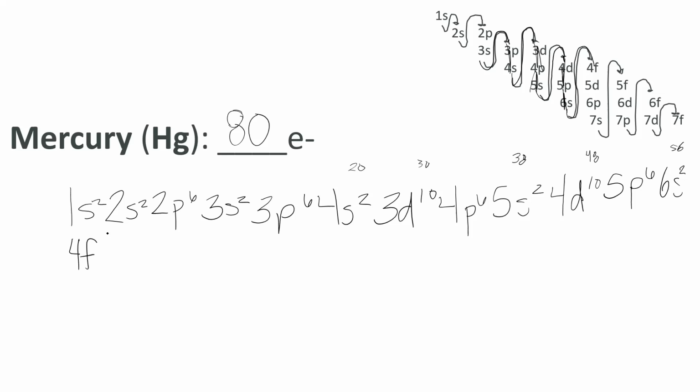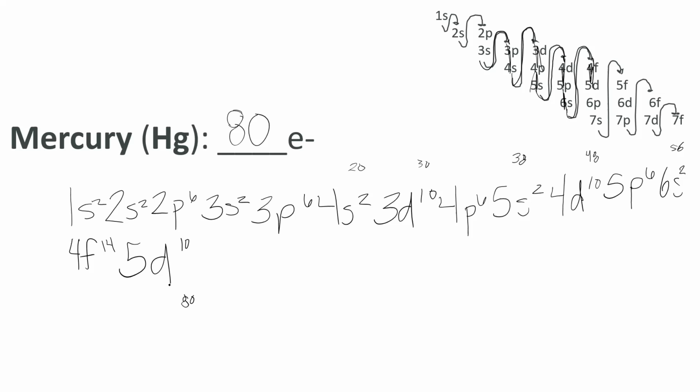I had 56. I needed way more. So 4f14, and then down to 5d10. Let's see where I'm at. So I have 56 plus 14 plus 10. I am at exactly, boom, 80.